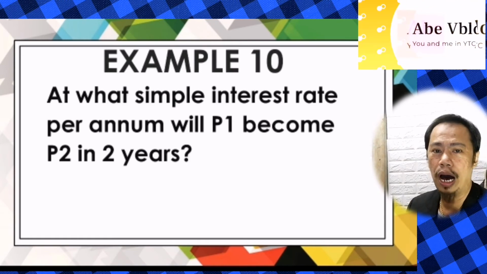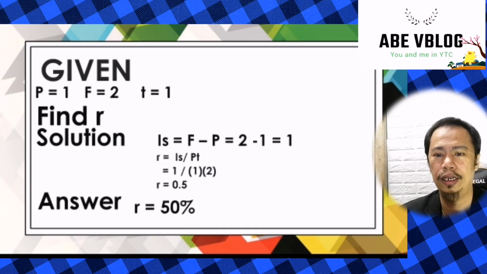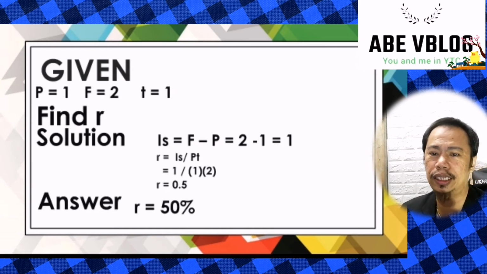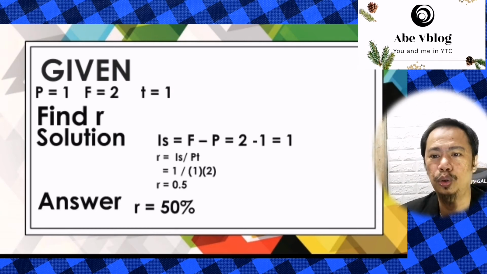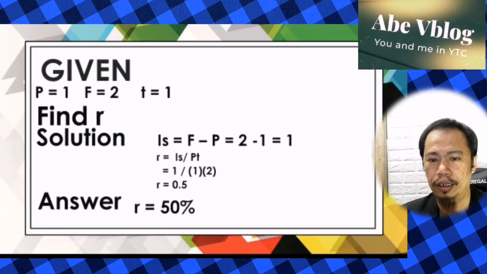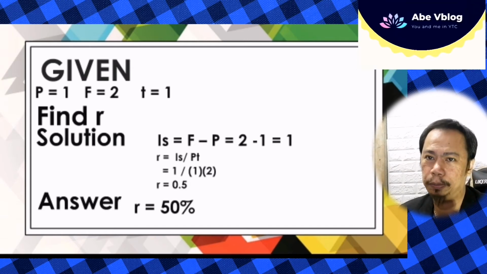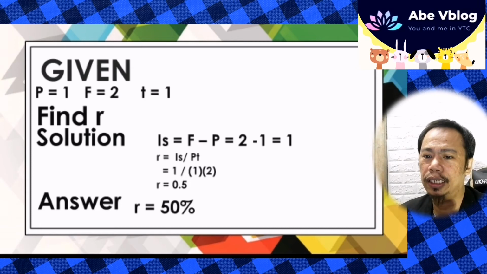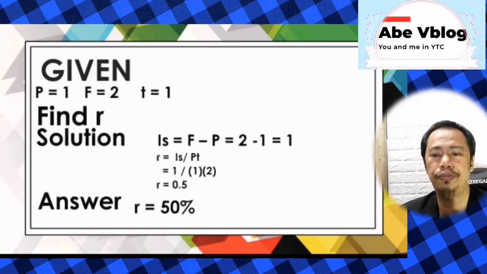So P is equal to 1, F is equal to 2, T is equal to 2. We have IS equal to F minus P, so 2 minus 1 is equal to 1.